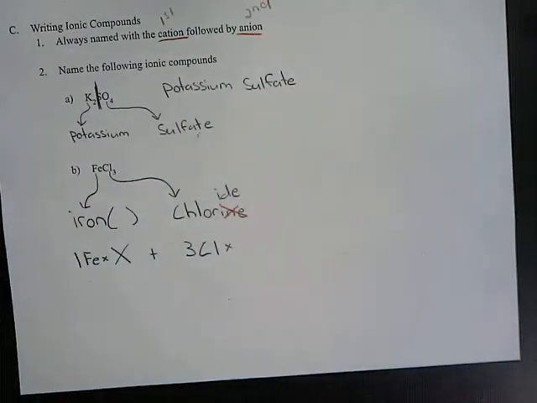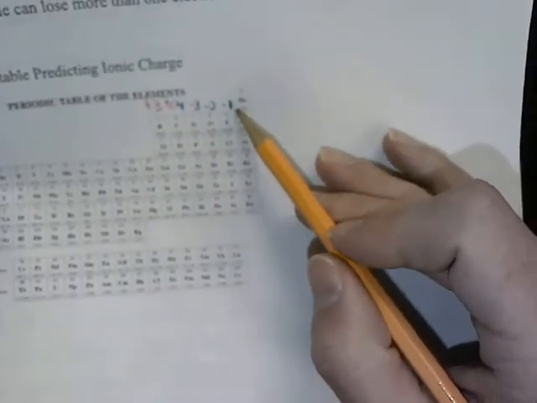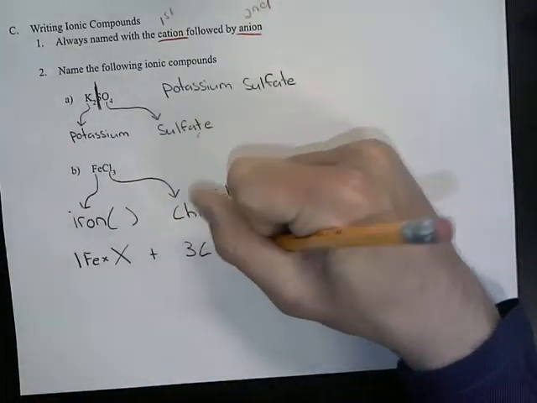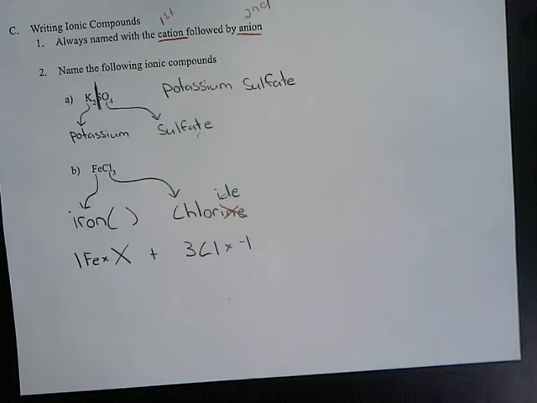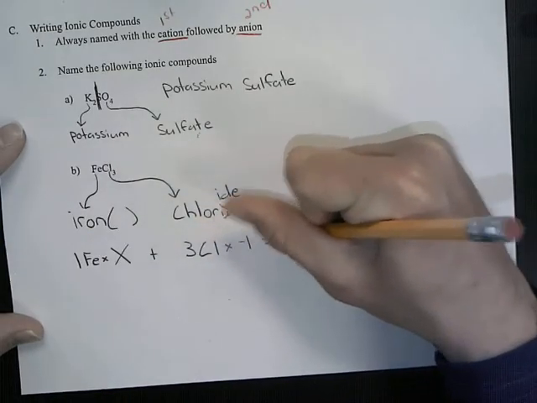Now remember from earlier in notes that the charge of Cl is given as -1. So -1. And now this is very important. The charge of a neutral atom is equal to 0.